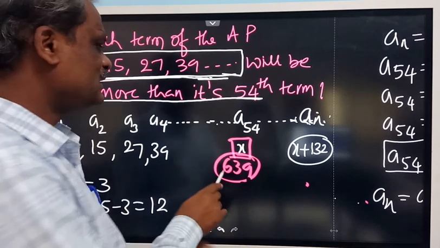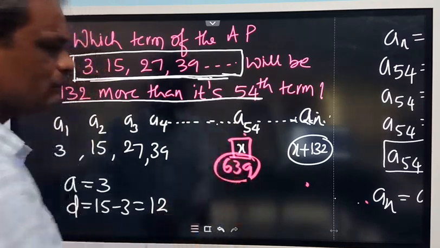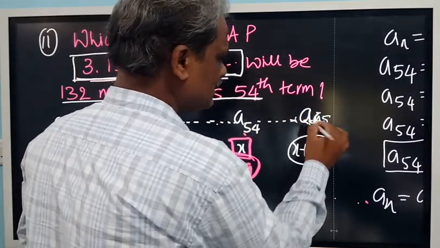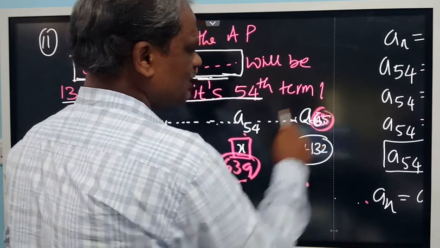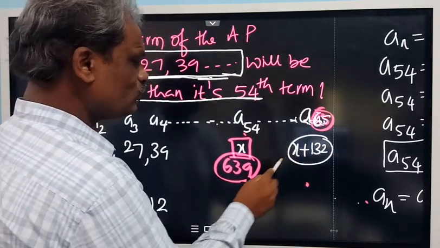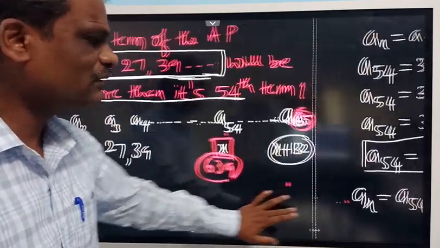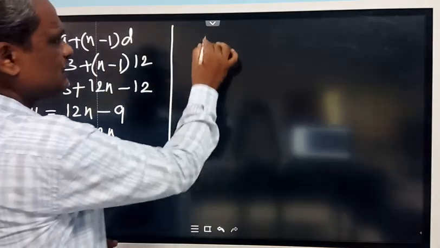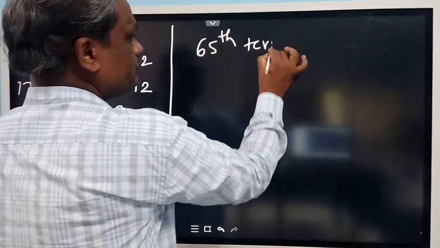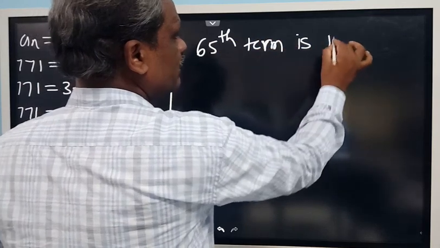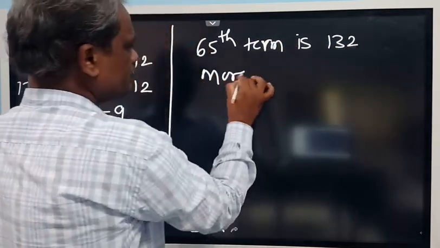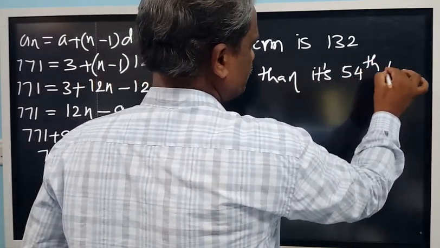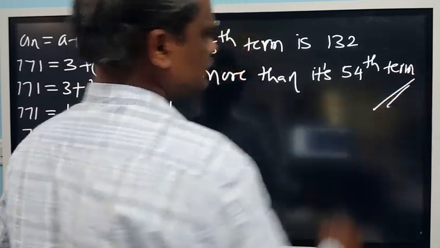This is A65. So the conclusion: the 65th term is 132 more than its 54th term.